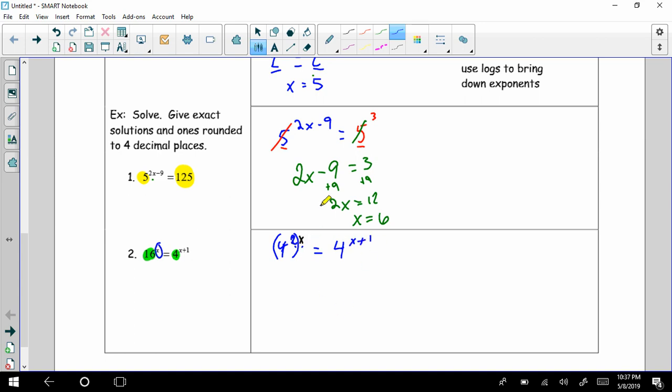All right. So we're going to take 2x and set it equal to x plus 1. So x equals 1. Again, you're welcome to plug that in here. 16 to the 1 equals 4 to the 1 plus 1, which is 4 to the 2, which is 16. So x is 1.